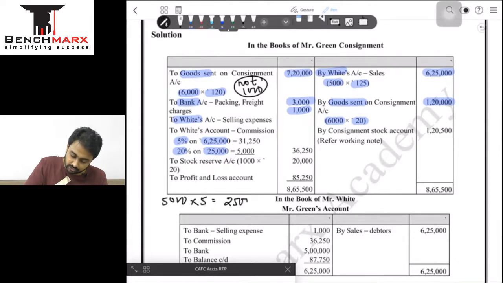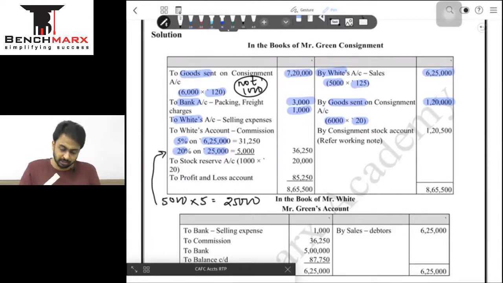This is how you arrive at 25,000 additional commission, and dono mila ke total amount is 36,250. This is what the amount is due to the consignee. He is my creditor, so consignment account debit to consignee for 36,250.